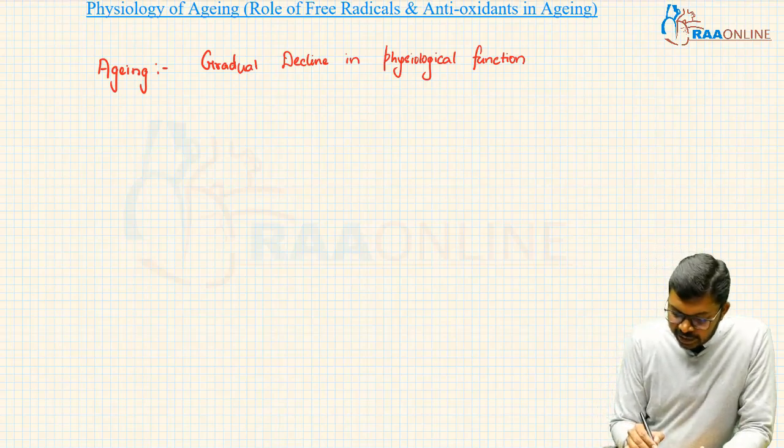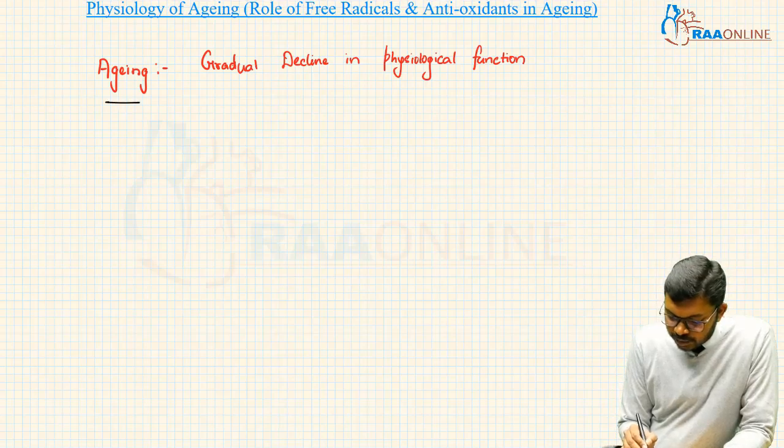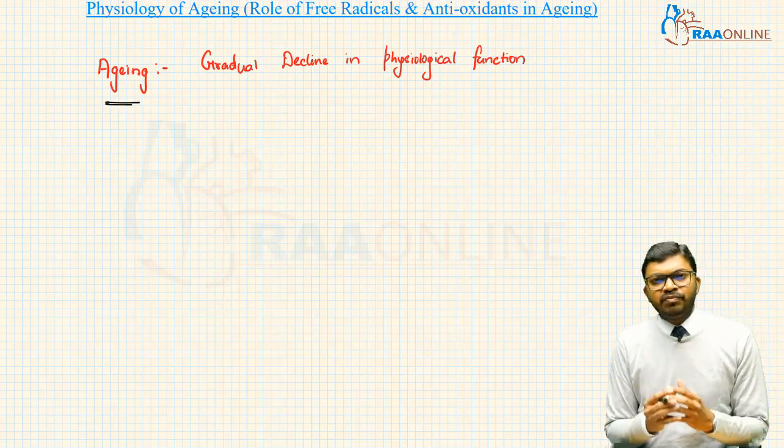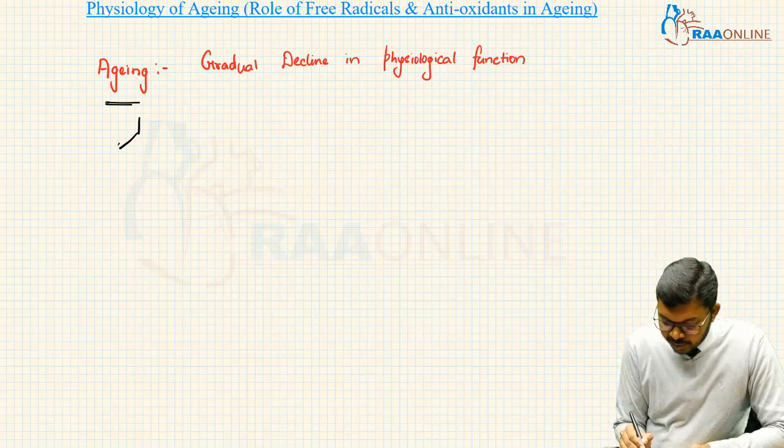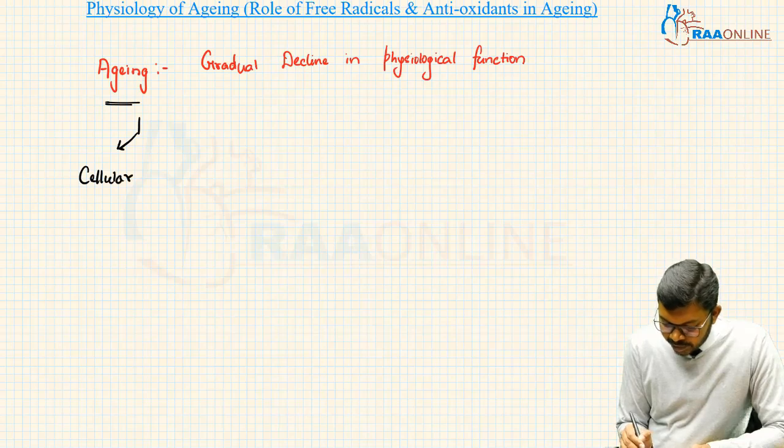In order to study aging, we can go into the depths of aging in two different dimensions. Number one, everything related to the cellular processes. What happens at the cellular level so that someone gets aged?